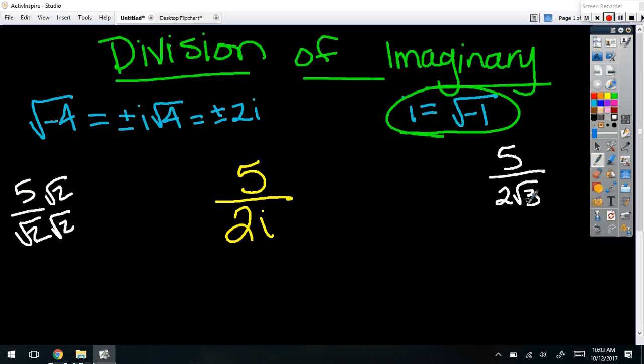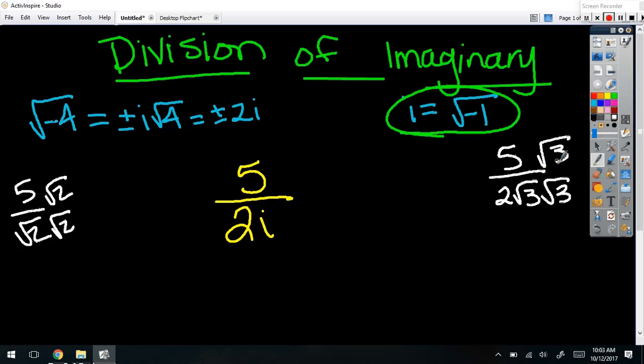What would you be multiplying by, though? The square root of 3, just the radical part. I don't need to include the 2 with it. Just the radical part.